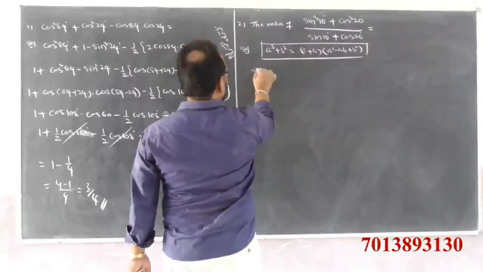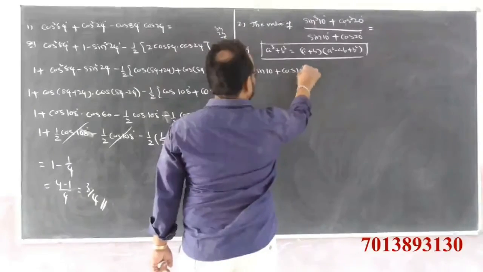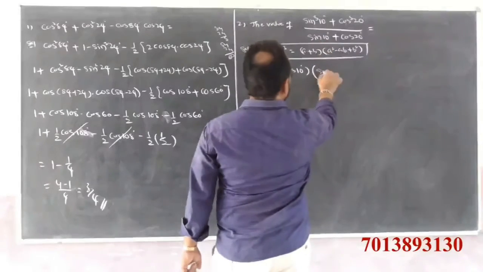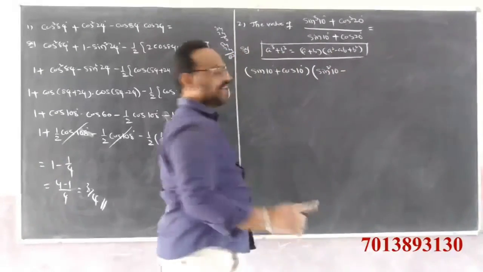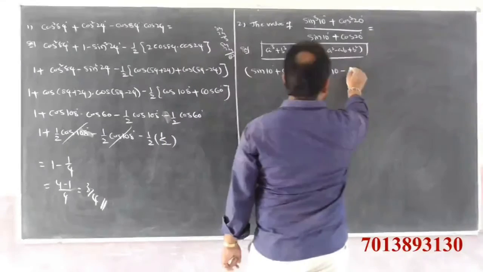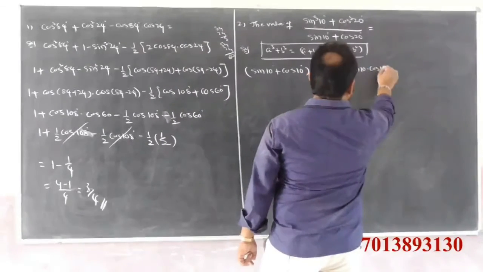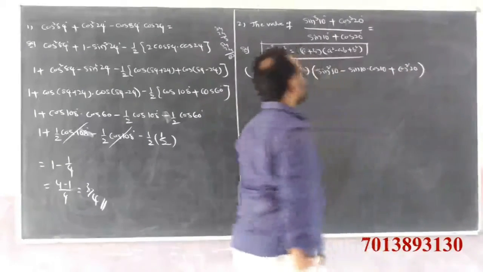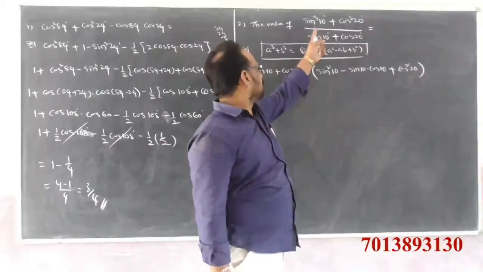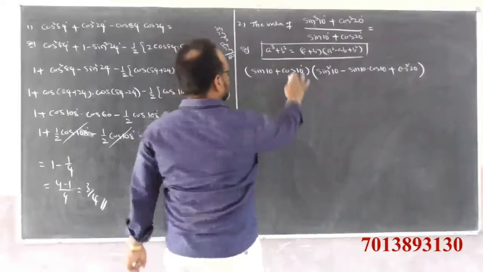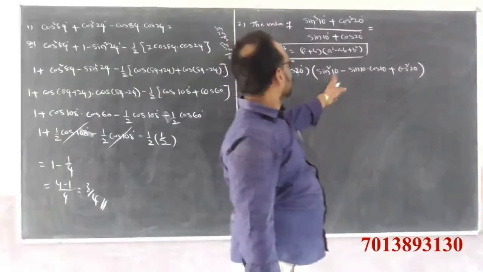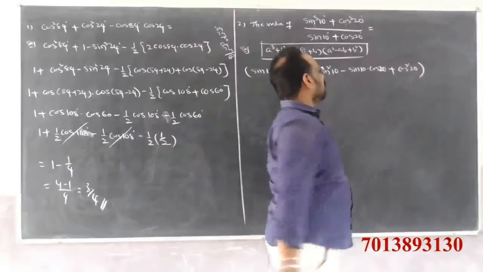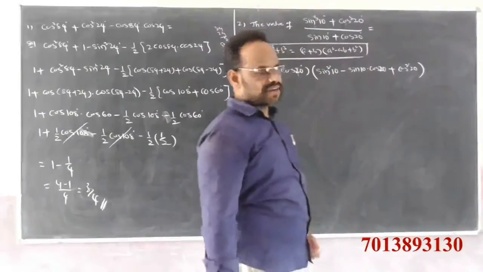A cube plus b cube is a plus b into, that is sin 10 plus cos 20 degrees, into a square minus ab plus b square. A square means clearly sin square 10 minus ab. Ab is nothing but sin 10 into cos 20, plus b square, that is cos square 20.